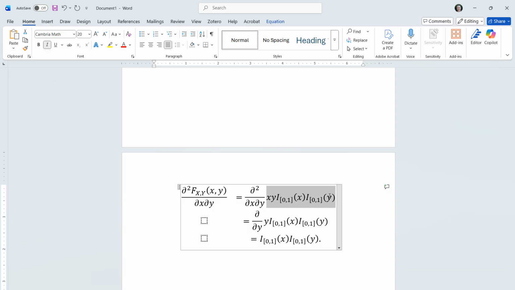Okay, and if we take the derivative of that with respect to x, then this part just becomes 1, and so it simplifies to y, and we're still letting our indicators follow through here, so they're along for the ride, but we don't actually take the derivative of them. And so now we have the partial of this with respect to y, and the derivative of y with respect to y is just going to be 1. And so in the end, the joint PDF is going to simplify to the product of the indicator for x and y, where both have to be between 0 and 1, which is what we started with.